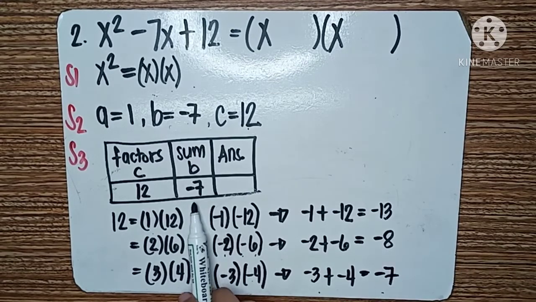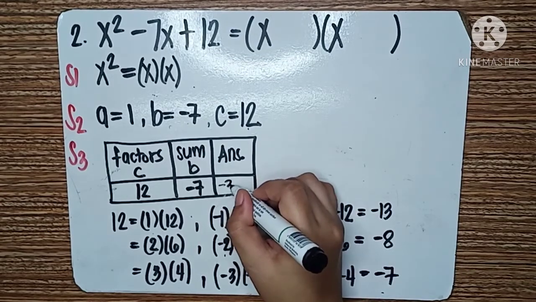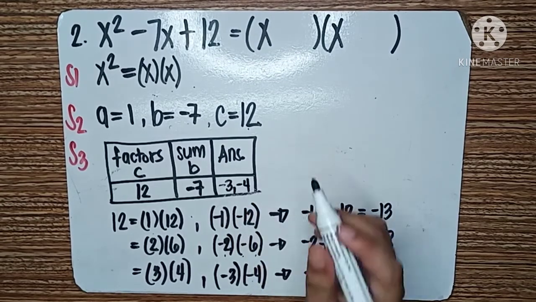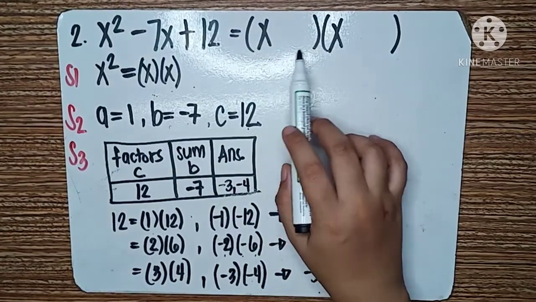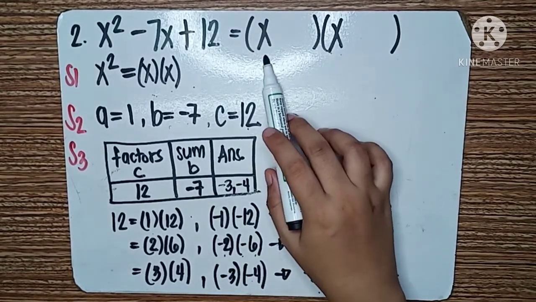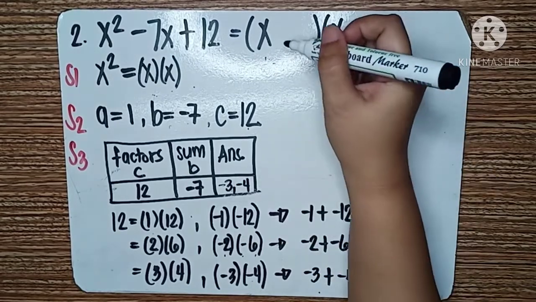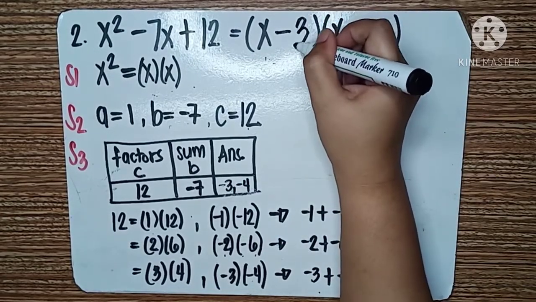Ayun ang hinahanap natin. Therefore, the factors of 12 whose sum is negative 7 are negative 3 and negative 4. Sulat natin dito, negative 3 and negative 4. Again, we'll add this to our first term, x negative 3. So, minus 3.